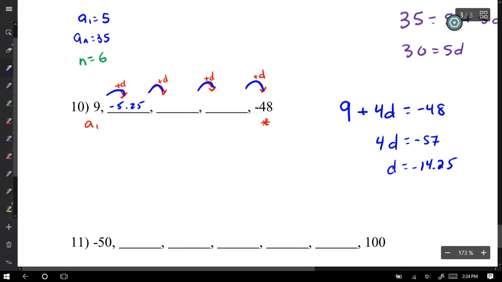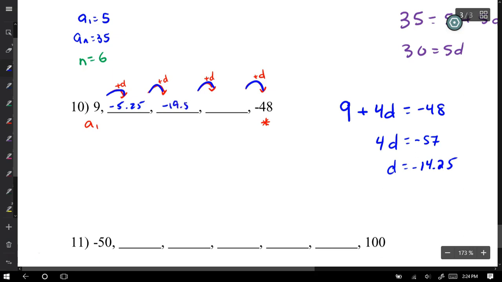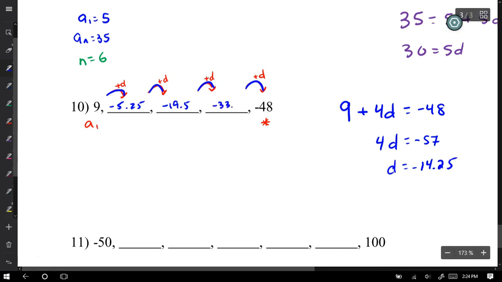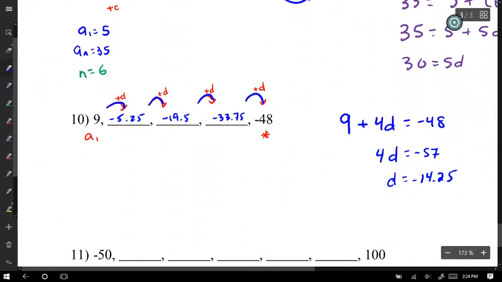If I subtract 14.25 from that, I'm going to get negative 19.5. And if I subtract 14.25 from that, I'm going to get negative 33.75. And I hope if I subtract 14.25 from that, I do get negative 48.